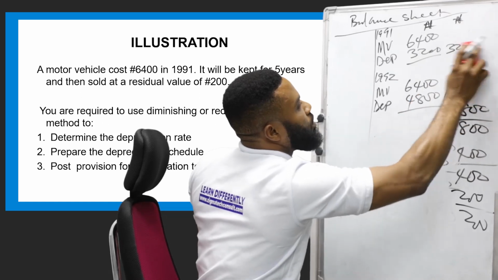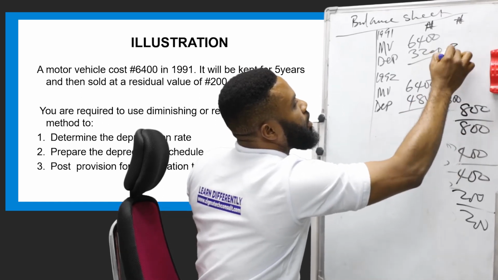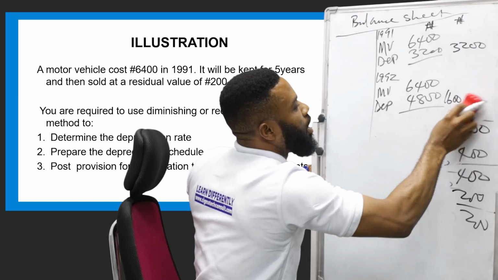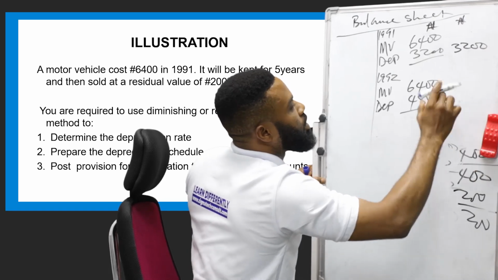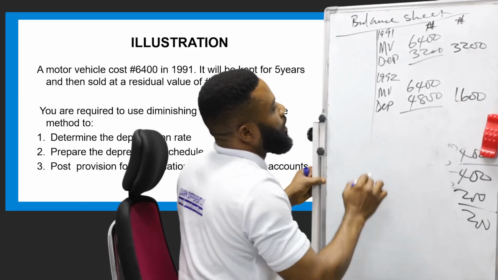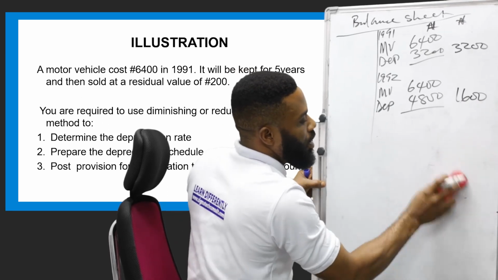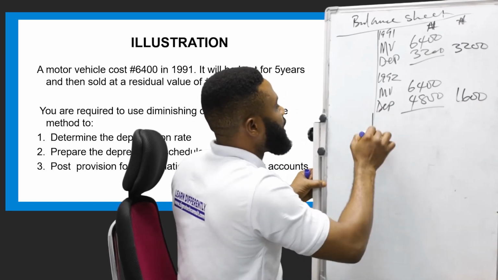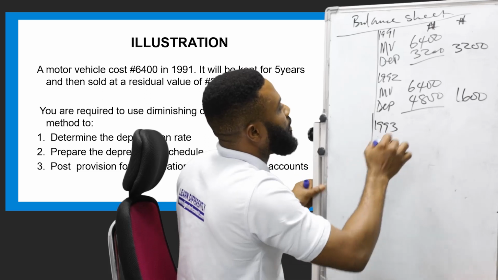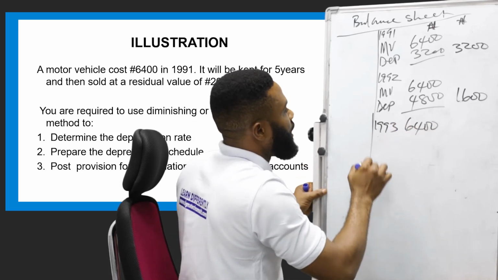Let's remove this one so it will be clear enough. This is 3,200. This is 1,600. And then for 1993, you have 6,400 again.